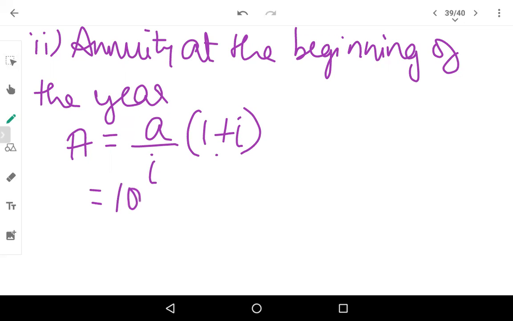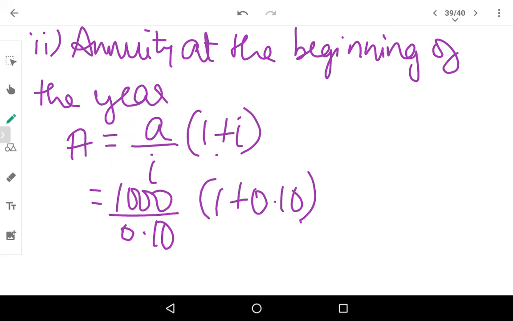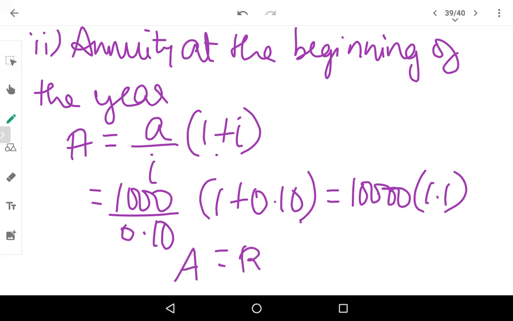So 1000 divided by 0.10 into 1 plus 0.10, which will be 1000 by 0.10 is 10,000 into 1.1. Therefore, A is equal to rupees 11,000.